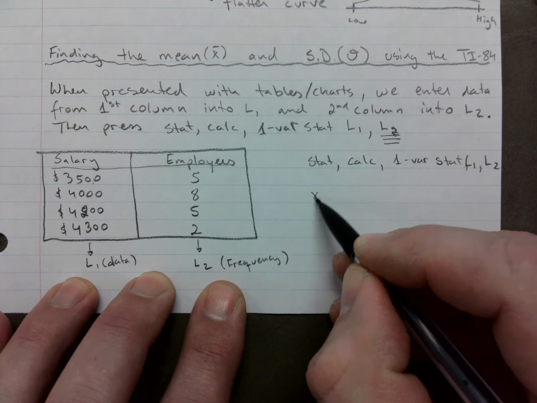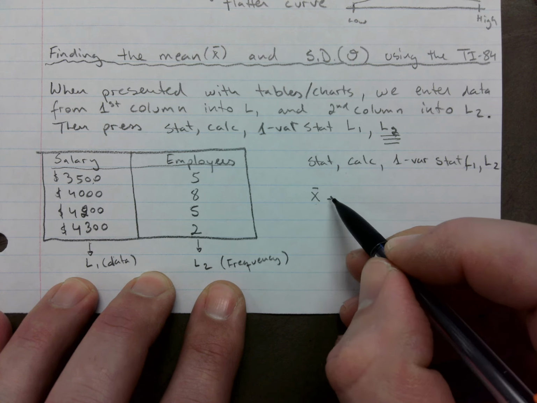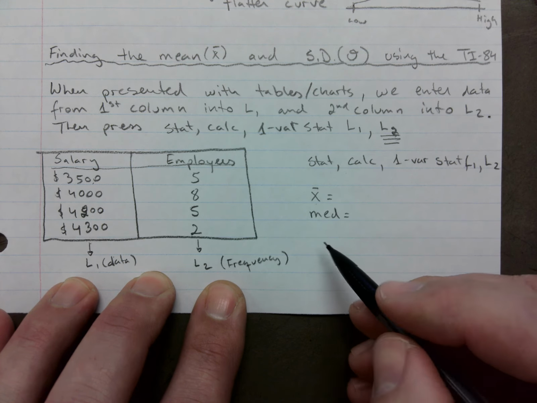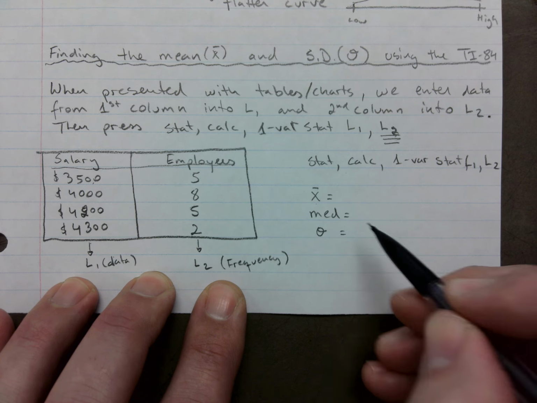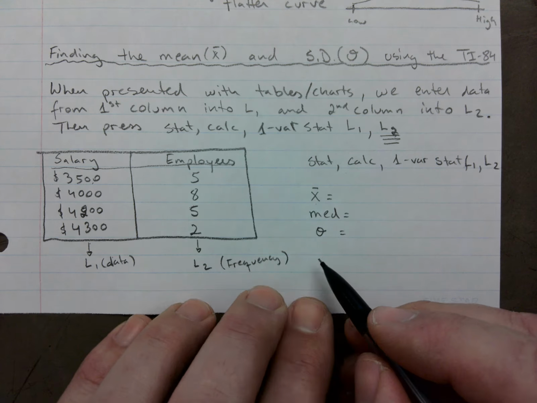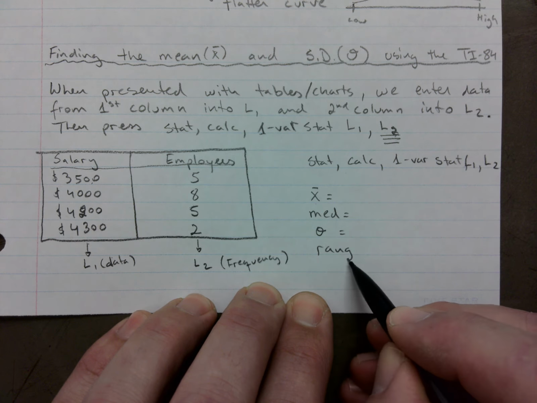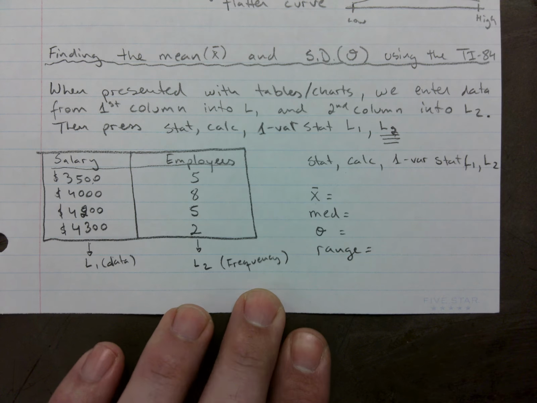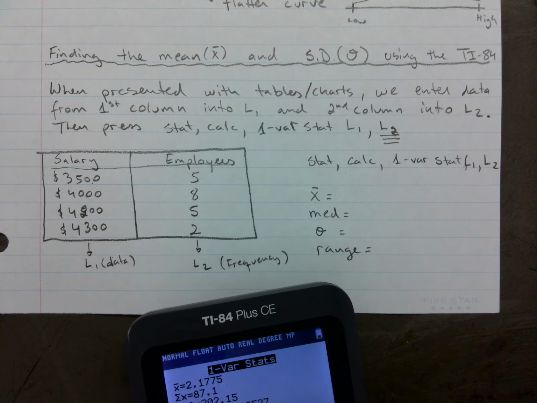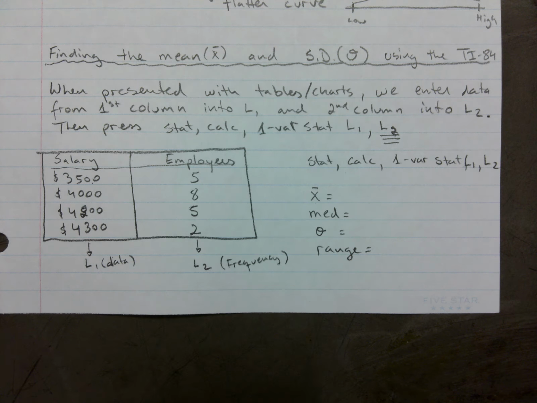And let's go ahead and find out the mean, median, and the standard deviation. We won't do the mode because it doesn't work. We could do the range. Absolutely. So grab your calculators.